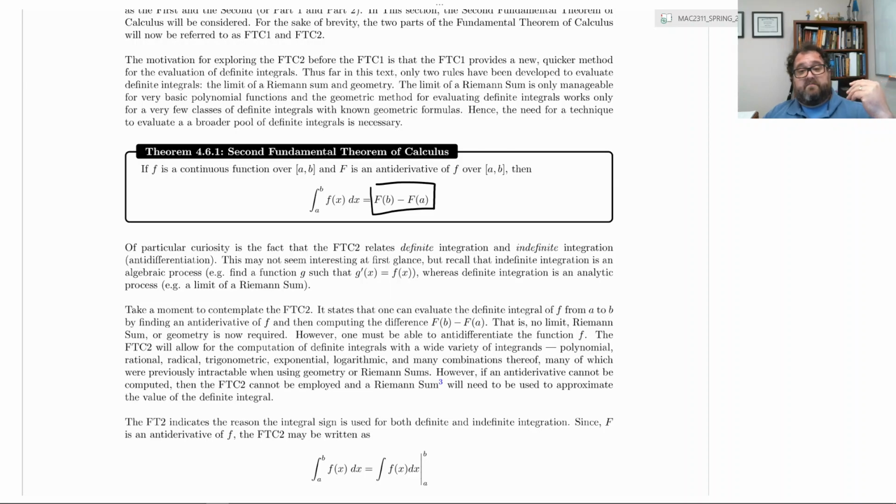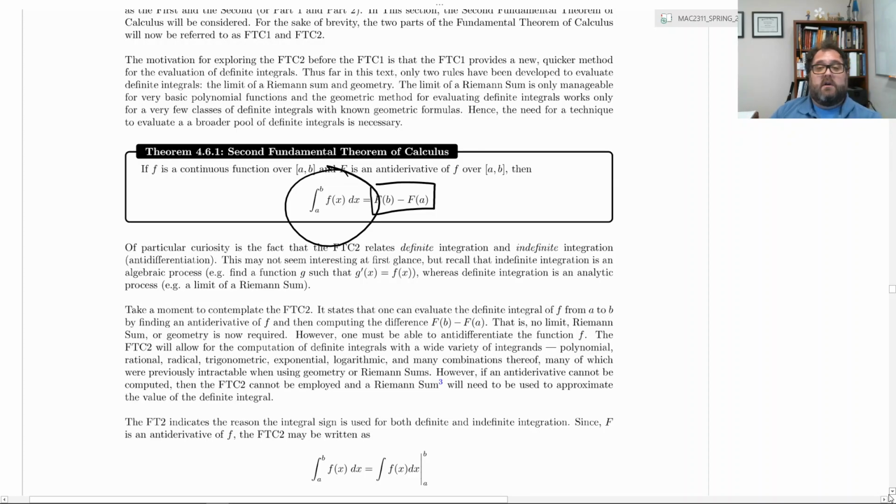Remember, this left-hand side we've been using either geometry for or a Riemann sum, a limit of a Riemann sum. So the second fundamental theorem of calculus tells us that we can evaluate a definite integral by simply finding the antiderivative, plugging in b, plugging in a, and then taking the difference.